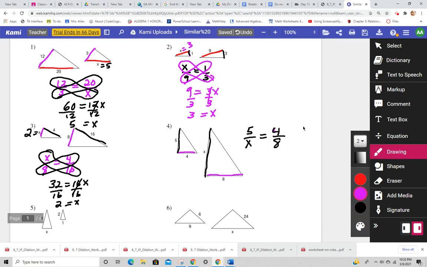Let's take the cross product. 4 times x is 4x. And 8 times 5 is 40. Divide both sides by 4. X equals 10. So this missing side is 10.